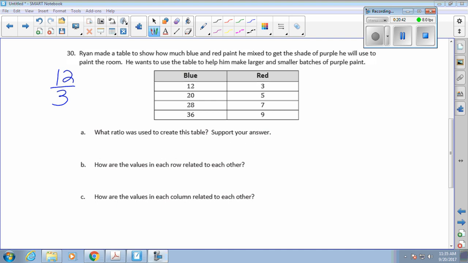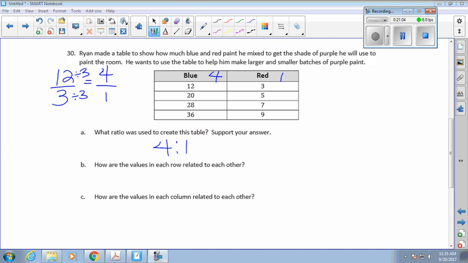And then you're going to divide that out. So the greatest common factor is 3. So you're going to divide the top and bottom by 3. That would give you what? 4. And then 3 divided by 3 is 1. So you would say this had a value of 4 to 1, blue to red. So that should have been your answer here, okay?